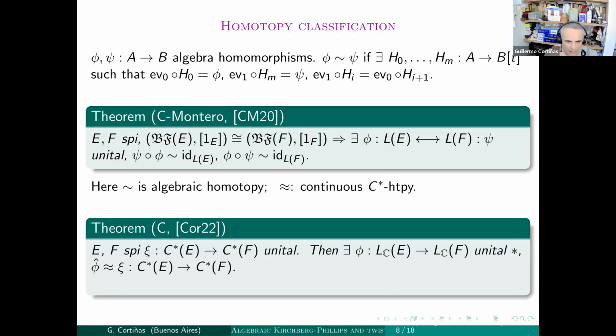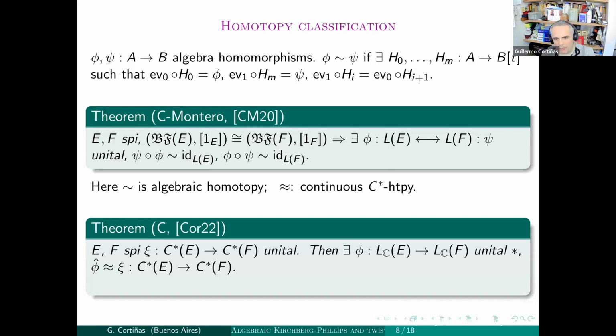Okay, so any unital star homomorphism between the C-star algebras is homotopic in the continuous C-star sense to the completion of one that is already defined at the Leavitt level. So it's always, I mean, LC of E lives inside C-star of E. So when you have Xi, you always get a map from LC of E to C-star of F, right?